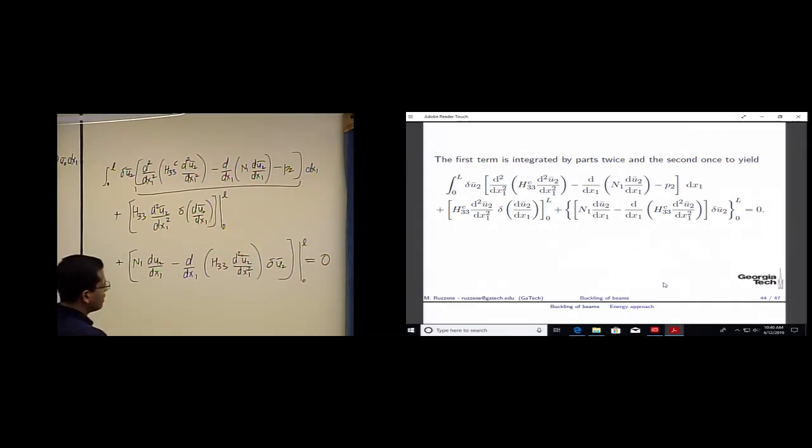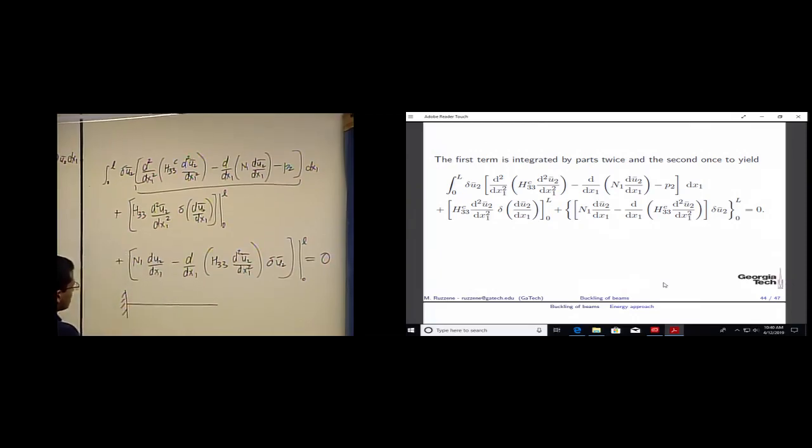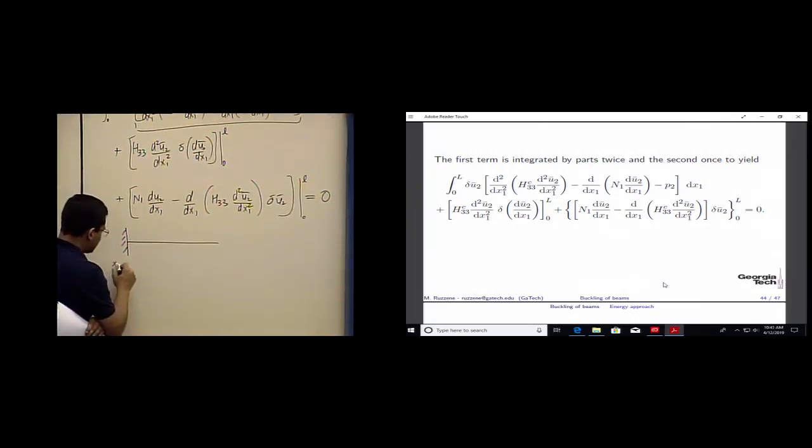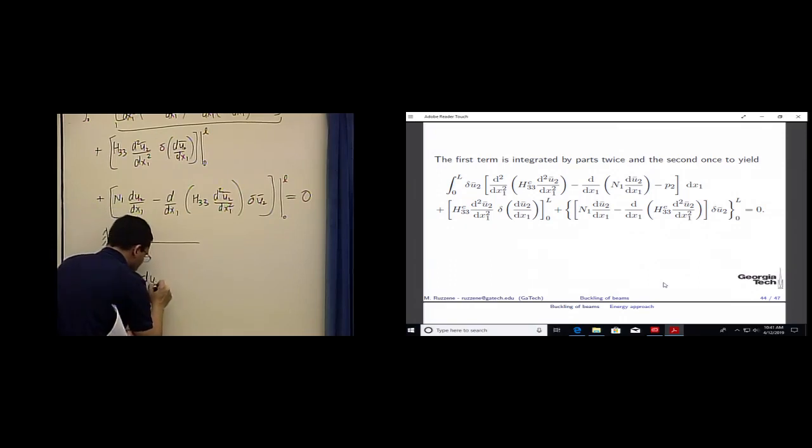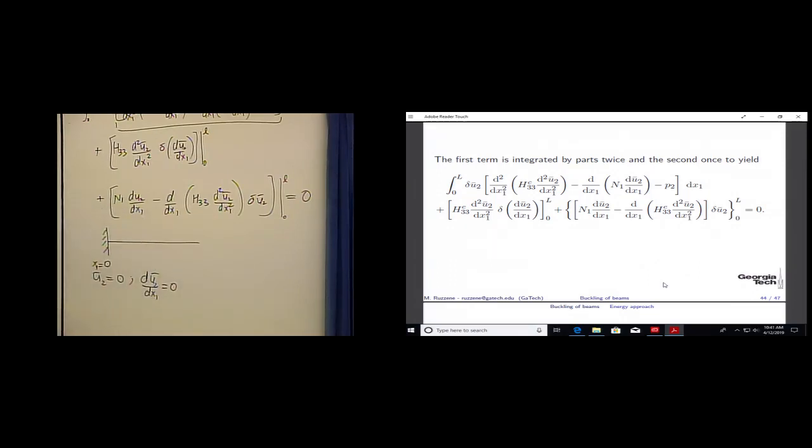Using energy methods, we get boundary conditions as well, right? For example, if this was a cantilever beam, right? So at x1 equal to 0, we have displacement 0 and the slope is 0, right? So its subsequent derivatives, the third order and the second order derivatives, will also be 0, right?